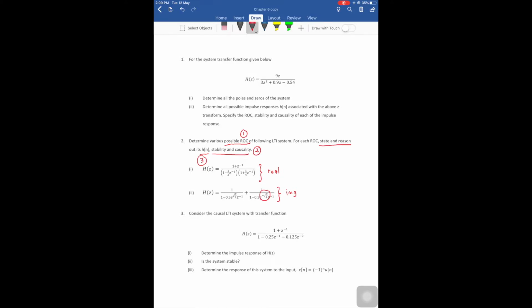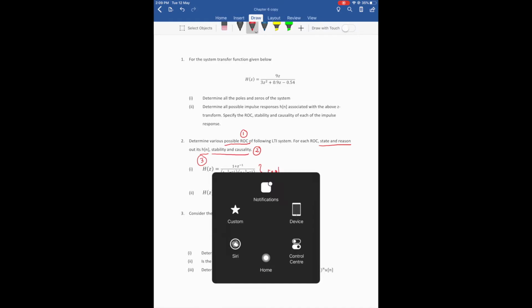Because we have minus jπ/4 plus jπ/2. So we have the poles jπ/2 and also minus jπ/4. So we have two different sets of questions, but how to solve them is very straightforward.